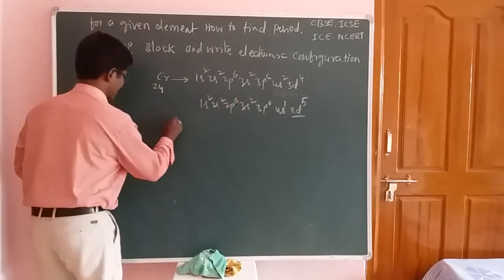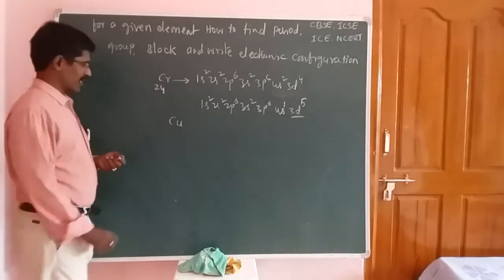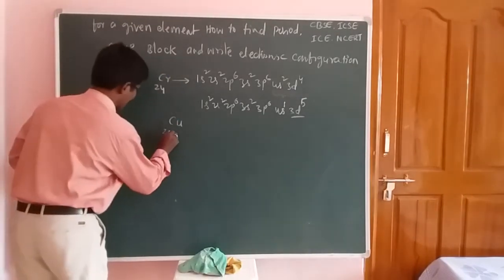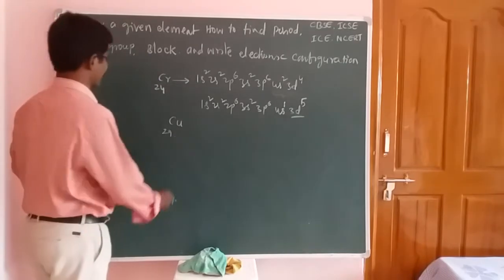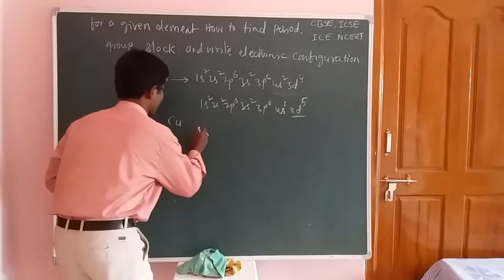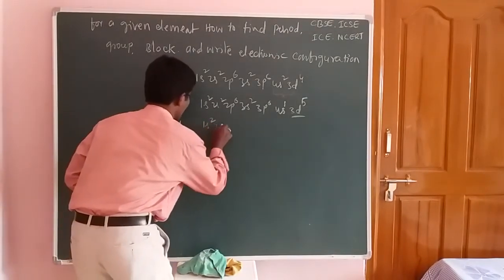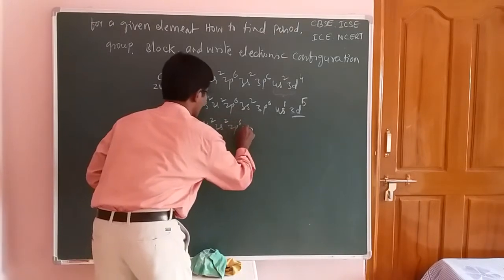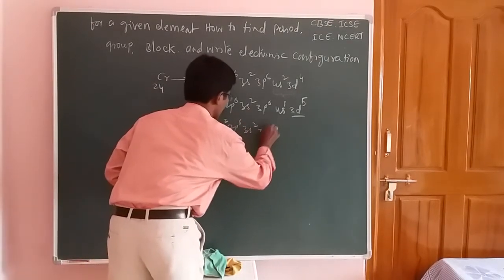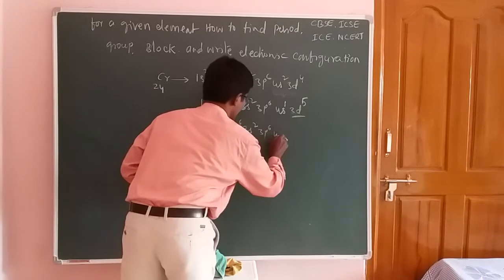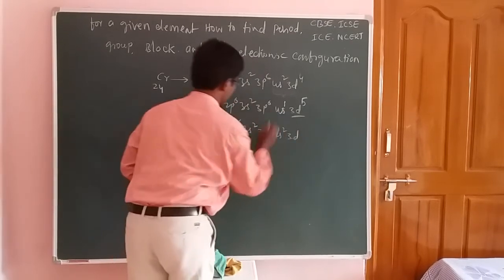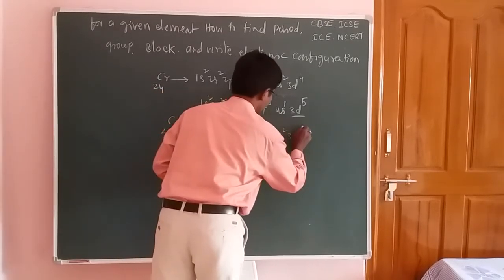And next one you should take the copper, atomic number 29. Okay, students, 29. We have to write the electronic configuration for copper. So 1s2, 2s2, 2p6, 3s2, 3p6, and the next one 4s2, and next is the 3d9.